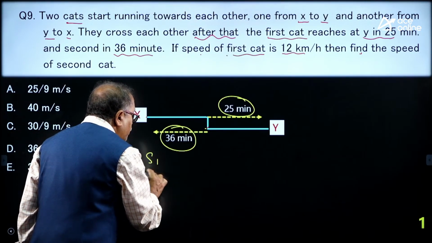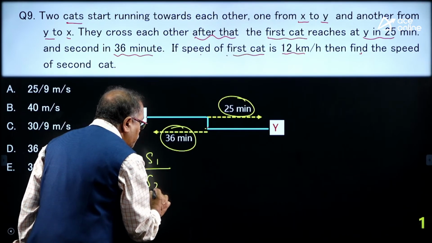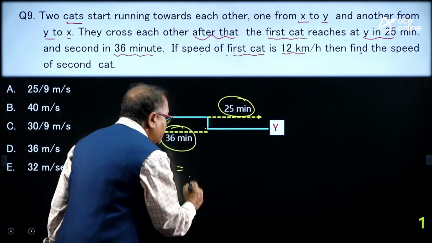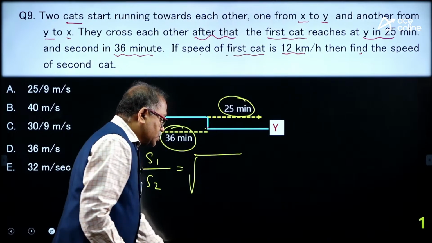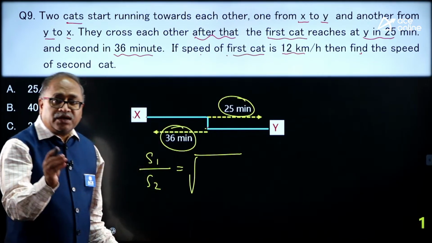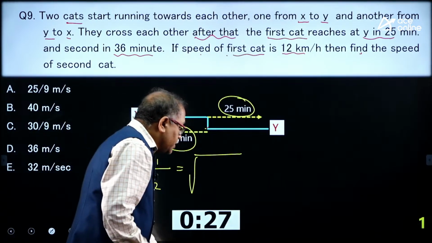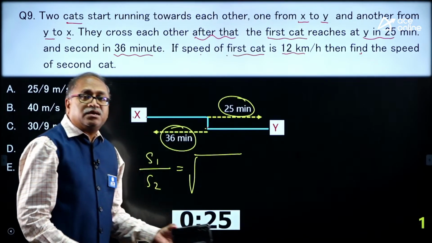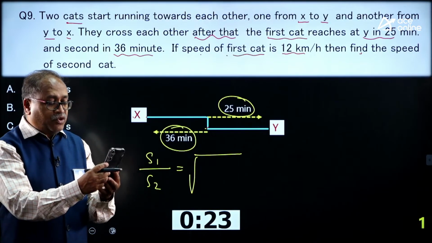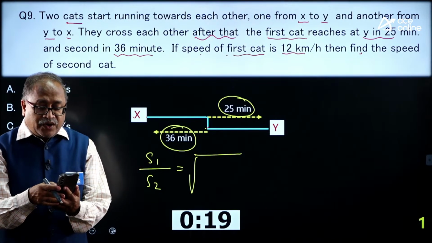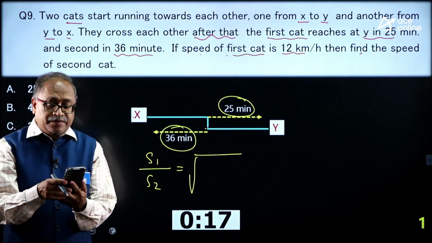We have one formula, speed 1 by speed 2 is equal to square root of, the rest part I leave it for you, take your 30 seconds. If you know the formula, hardly 2-3 seconds.